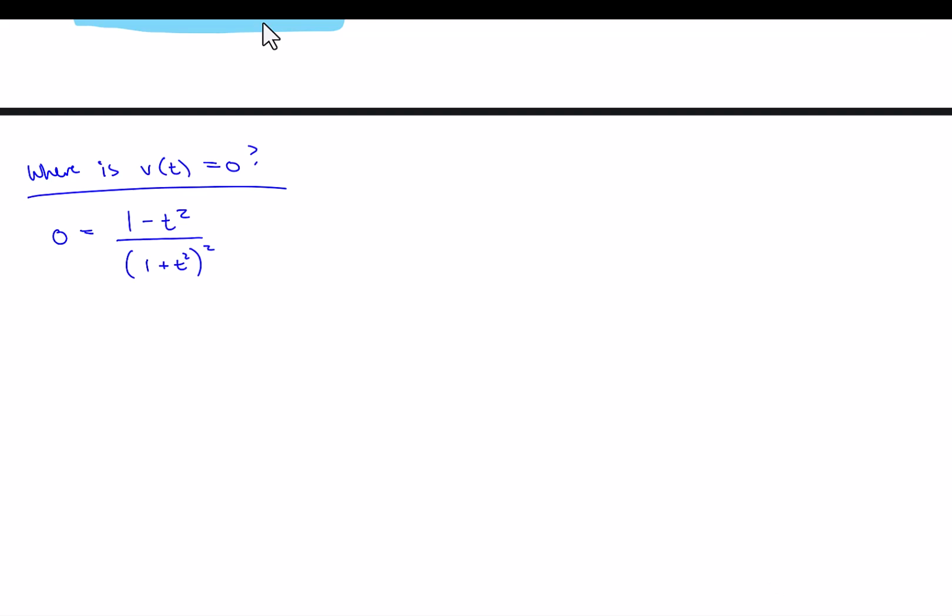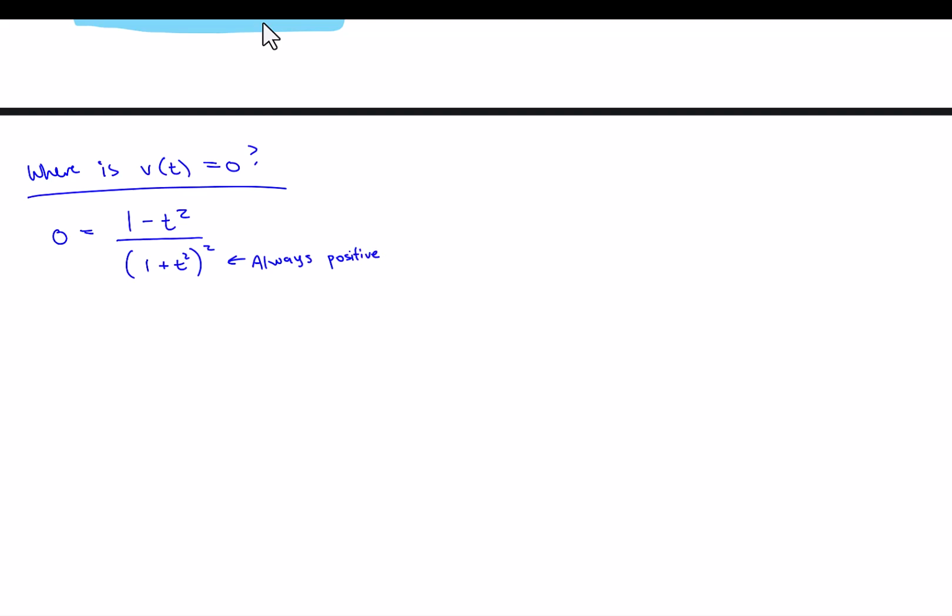The first thing I notice here, this denominator, if I put anything in for t, it's immediately squared. So if I put a negative number in for t, it gets squared. It becomes positive. If I add 1 to a positive number, that's positive. And then if I square it again, it's still positive. So the denominator here is always positive. That's kind of an interesting thing because knowing that, it sort of makes things easier.